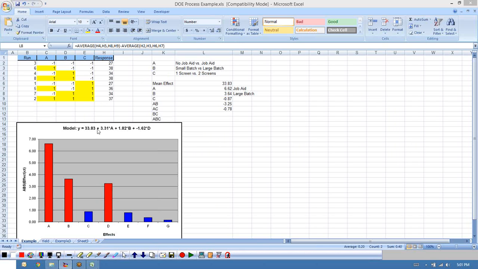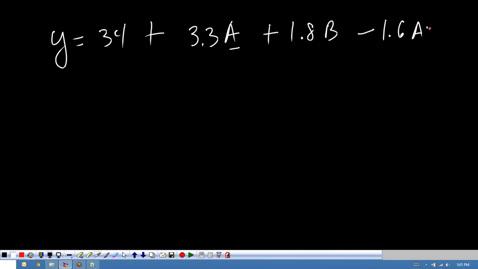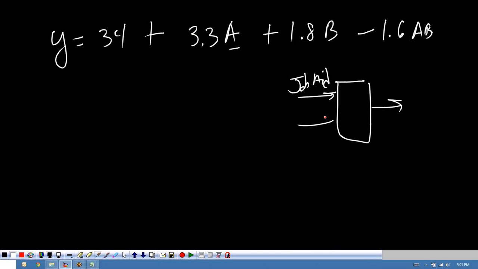We can look at, for example, the model, which was something like 34 plus, oh no, I've got to go back, plus 3.3A plus 1.8B minus 1.6AB. Remember, A, of course, was the job aid, and we had the batch size, and we had this third thing, which was the screens.